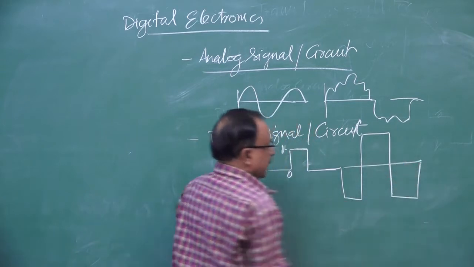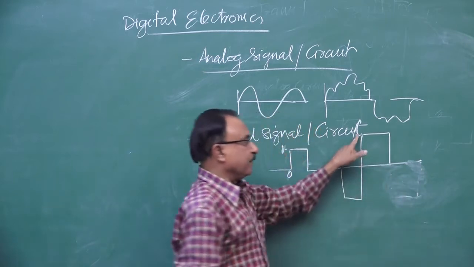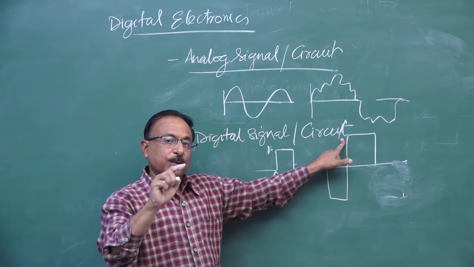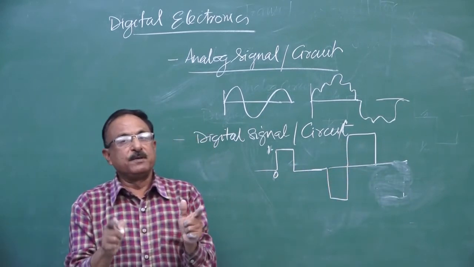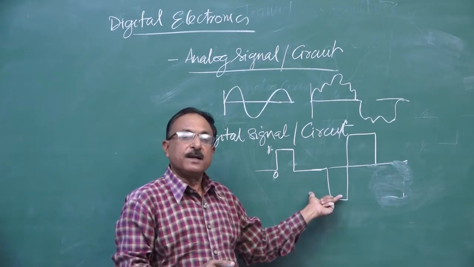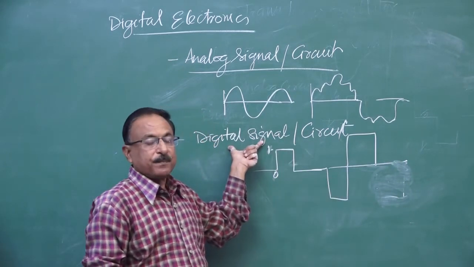Like this, they are given by the pulse. These signals are represented by the pulse. They can have fixed values, so they can work only between the two values of voltage and current. Such a signal we call a digital signal.